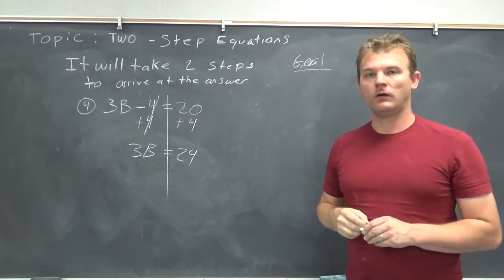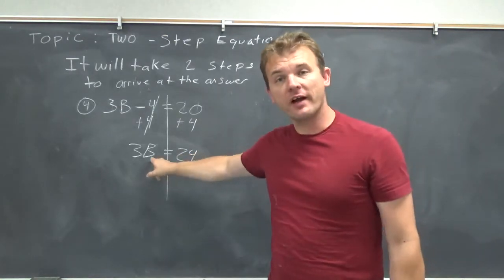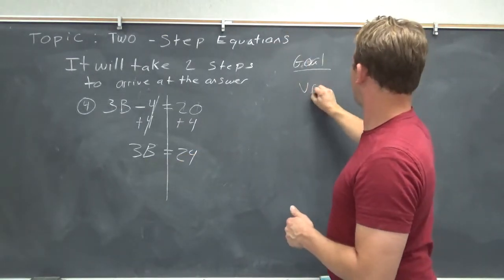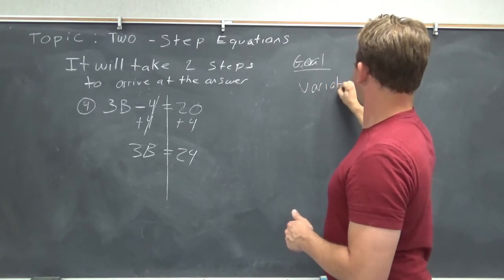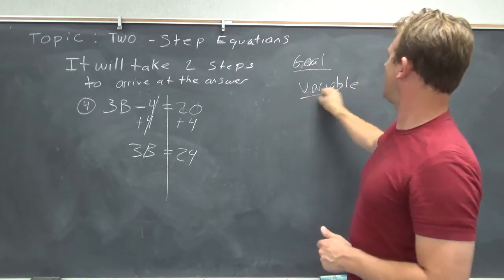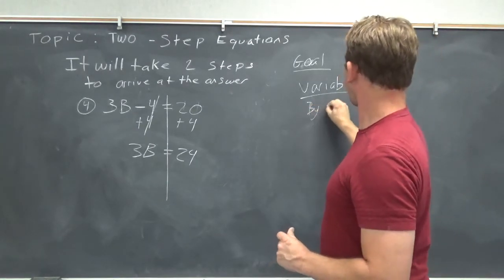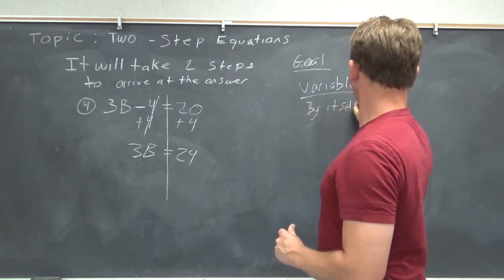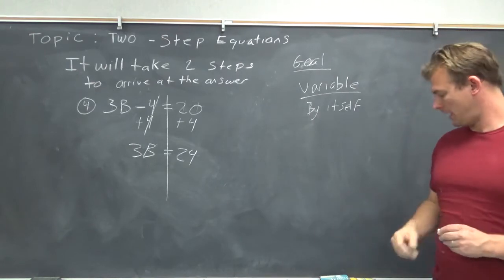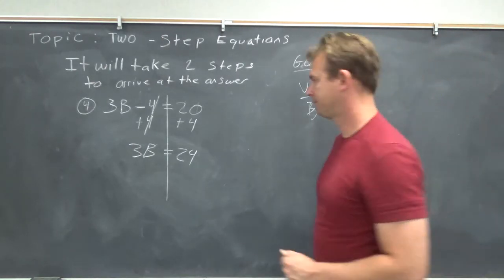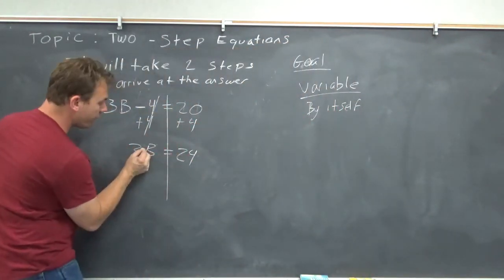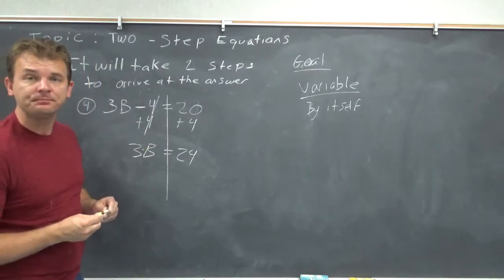To get b, or the variable, by itself. Okay. And how do we do that? Isn't this 3 times b?